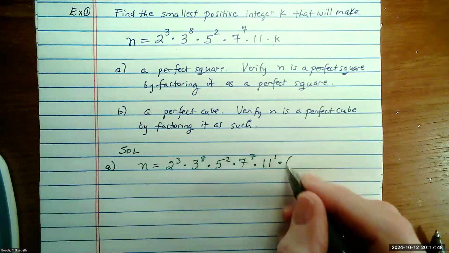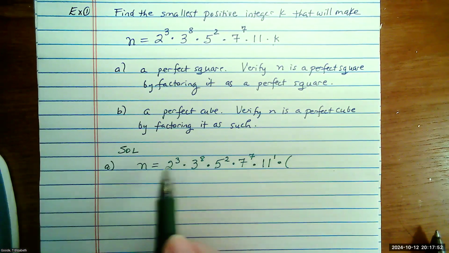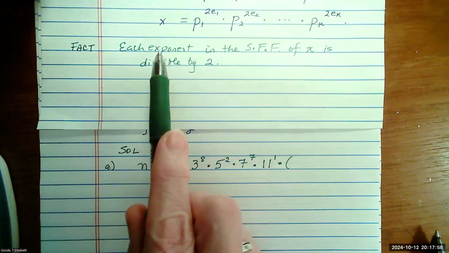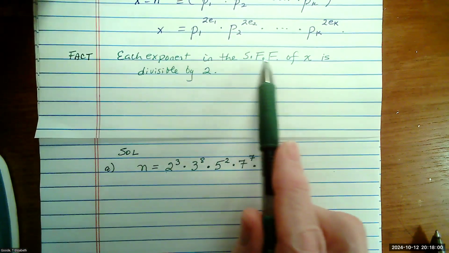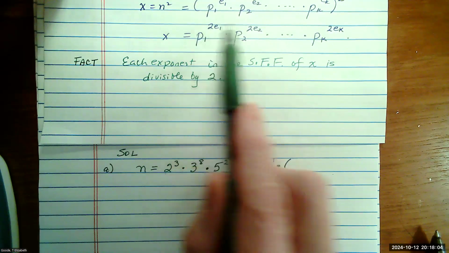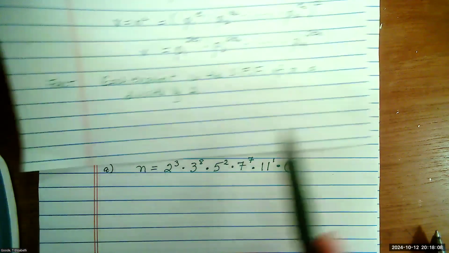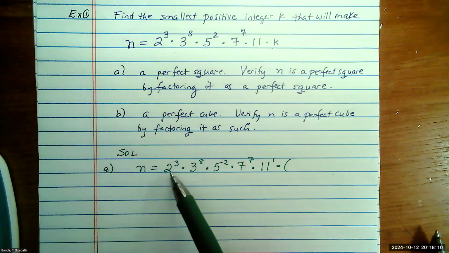Well, let's just think about what we're going to do to correct any exponents that aren't satisfying the fact that each exponent in the standard factored form of x, when it's a perfect square, is divisible by 2. They all have to be divisible by 2. Well, let's look at the first factor, 2 cubed.